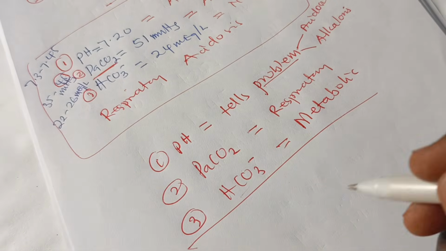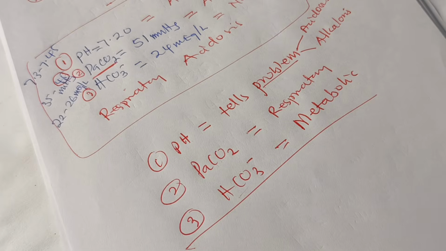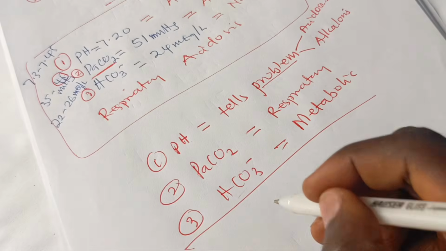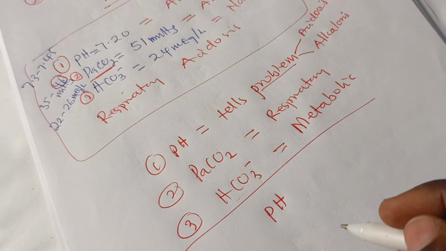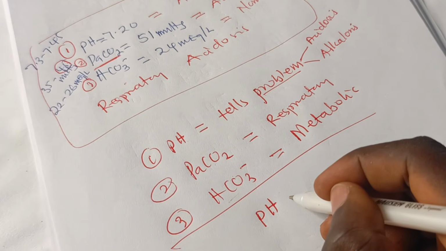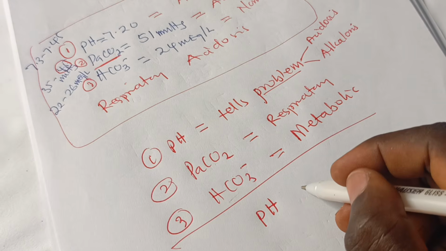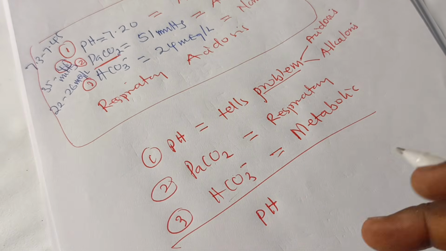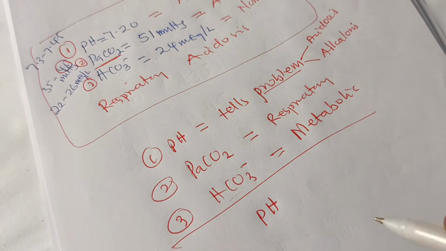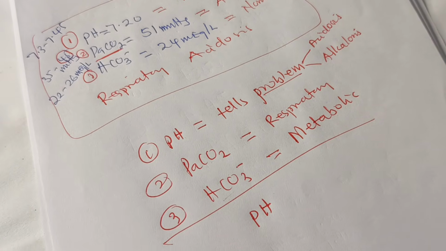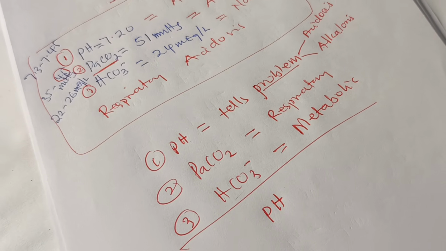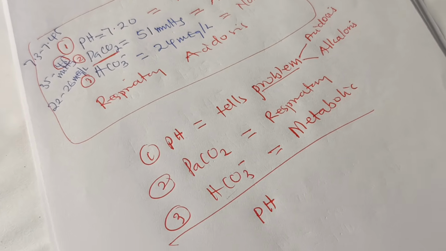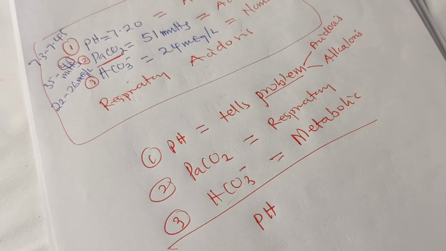What I would like to emphasize here again is this. If you look at the pH behavior, the relationship between the pH and acidosis and alkalosis is inverse. The lower the pH value, the more acidic it is, and the higher the value, the less acidic it is, or it becomes alkalosis.